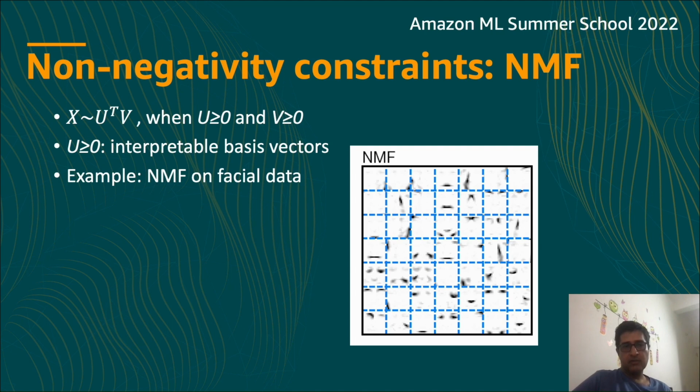Okay. So, for example, if you were to carry out NMF on the facial recognition data, or the facial data, this is how it will look, and potentially you can see how eyes are coming out at certain places, certain nose related features are coming out.